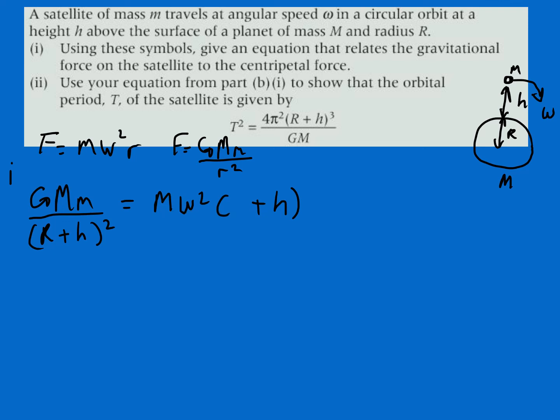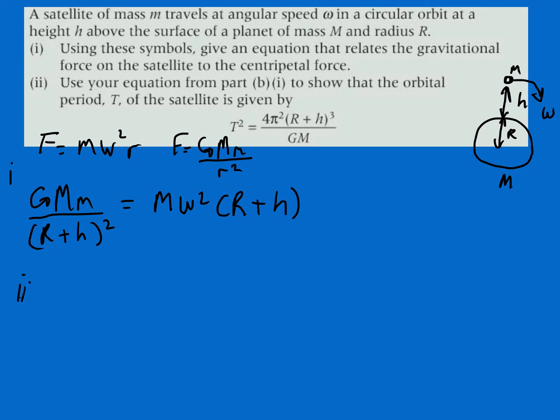So that's the first part. We've got an expression for the gravitational force and the centripetal force. For the second part, we need to show that the equation from part B1 can be expressed in terms of the time period.